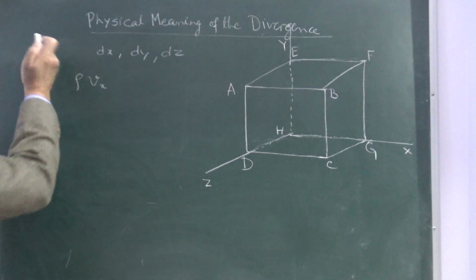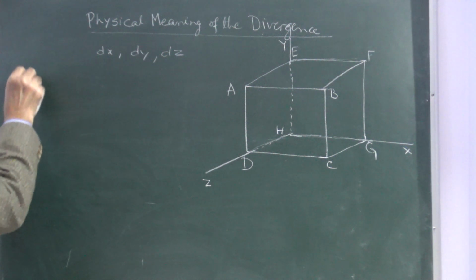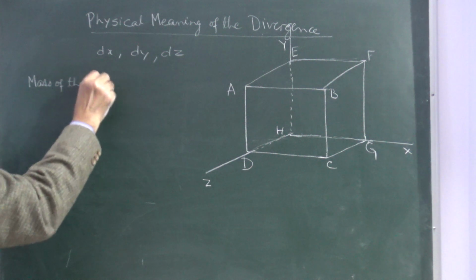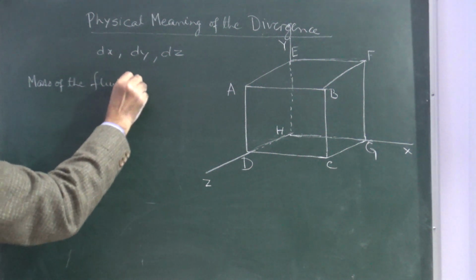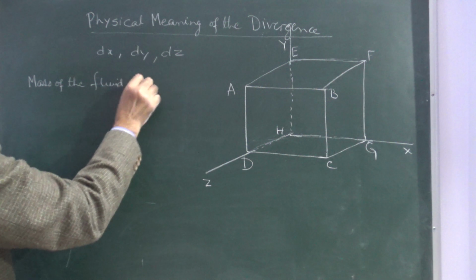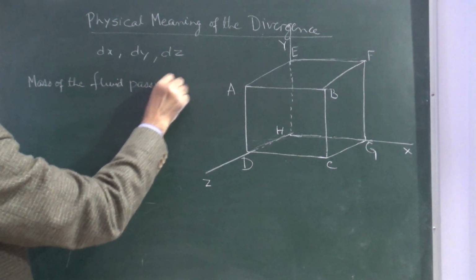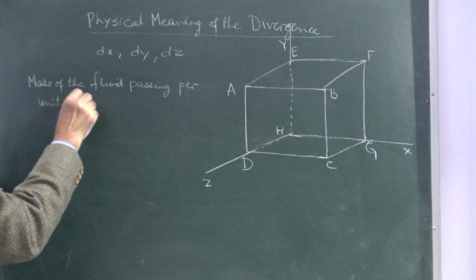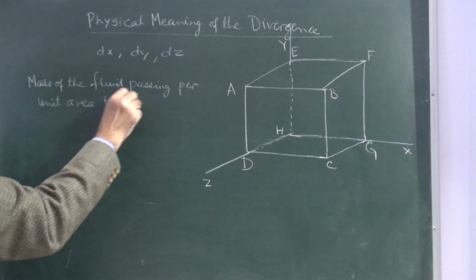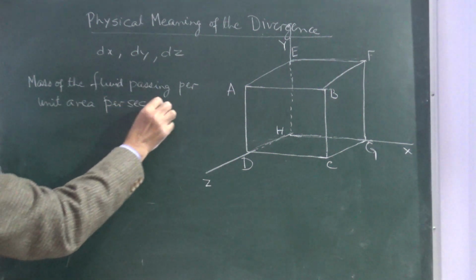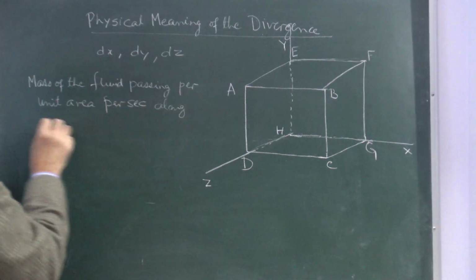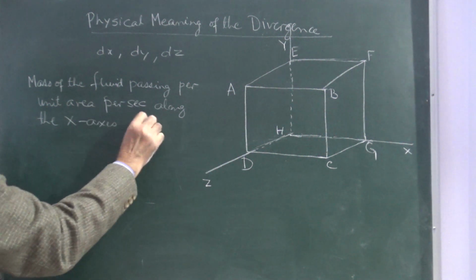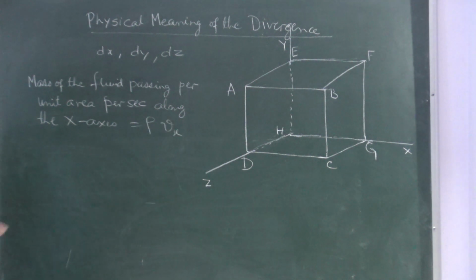So we can say that the mass of the fluid passing per unit area per second along the x-axis is rho vx.